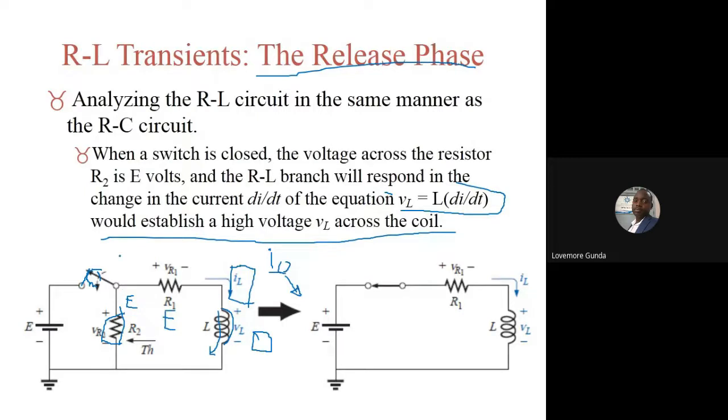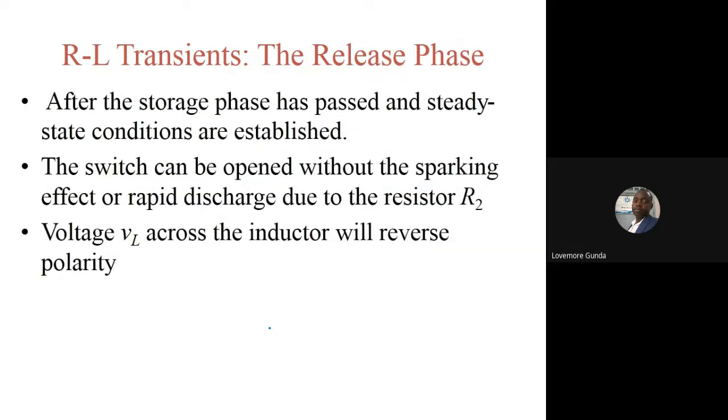Then you open the circuit. You want this current to go to 0 from whatever value it was, and that change will have a response from the inductor. The inductor will establish a voltage across it that is opposite the change, right?